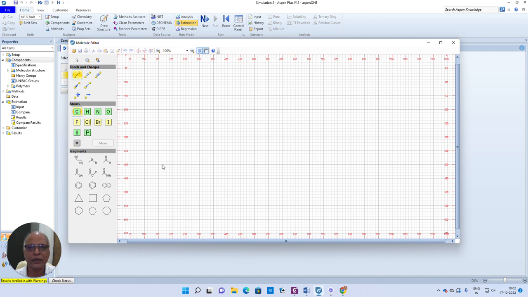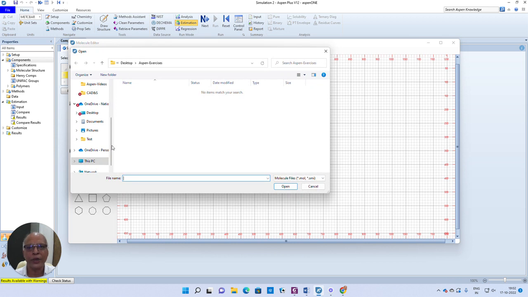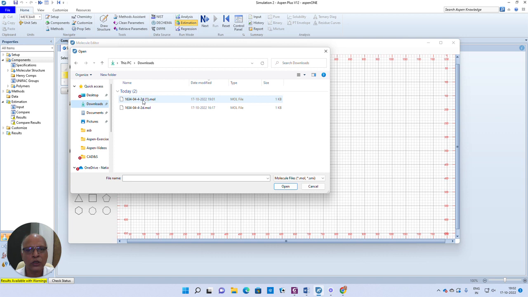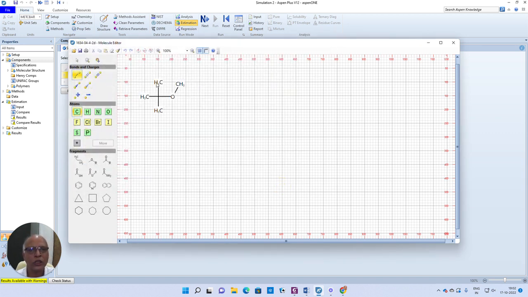Maybe with a little practice, you will be able to draw the chemical structure. But right now, I have already downloaded the chemical structure in mole format for this particular compound, MTBE. So let me check where it is available in downloads. So this is the 2D mole format I'm opening. So this is the molecular structure of MTBE.